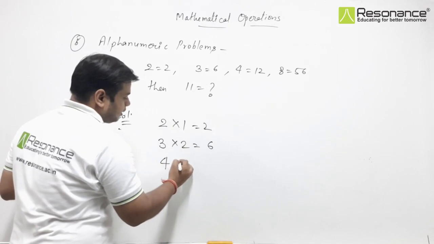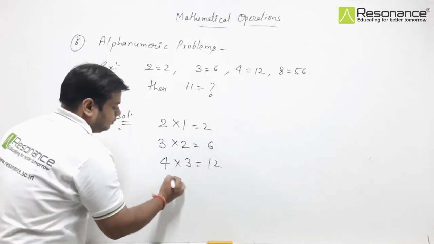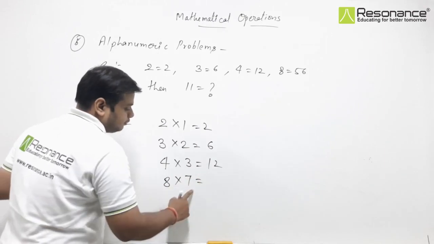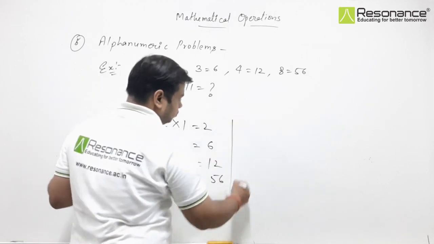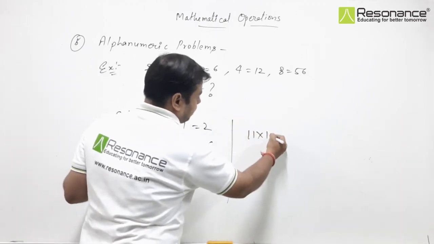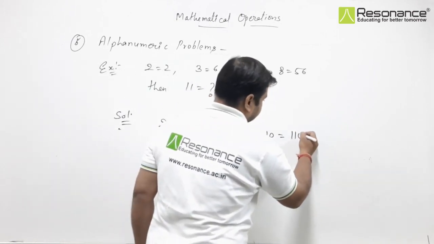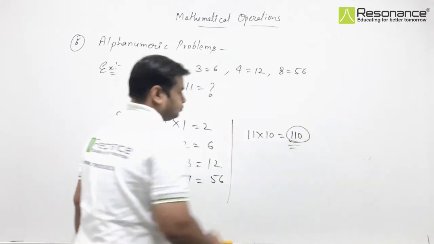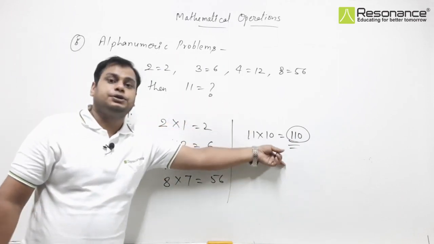When 4 is multiplied by its preceding number, it will give us 12. 8 multiplied by its preceding number will give us 56. So to find the answer, 11 should be multiplied by its preceding number. So 11 multiplied by 10 will give us 110. So the answer is 110.